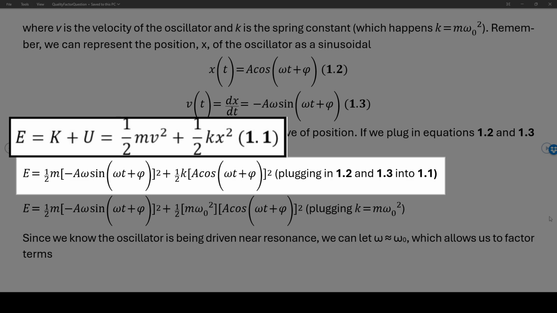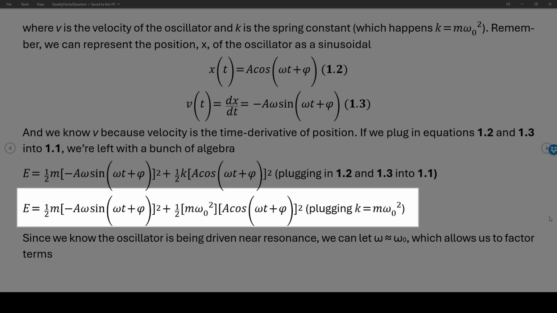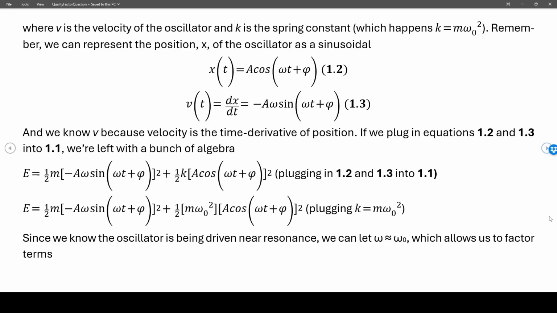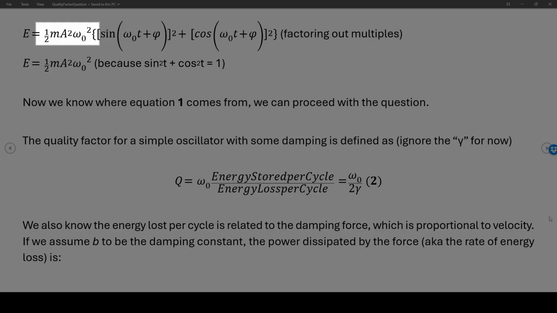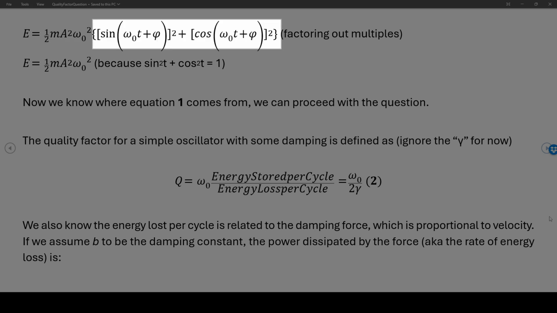as you can see right here. Going right below it, you can see that we can plug in k is equal to m omega naught squared. Since we are driving this at a frequency omega approximately equal to omega naught, we can factor terms. We can factor out all the multiples, leaving us with these terms out in front and these sinusoids here in the middle.